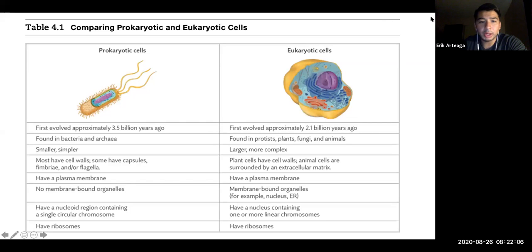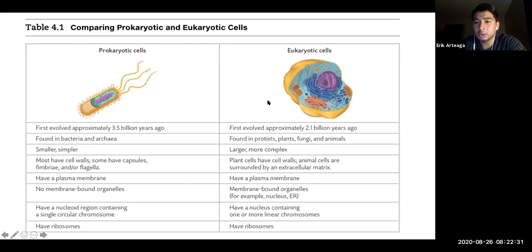So here we have the comparison between a prokaryote and eukaryote, right? First of all, prokaryotes appeared approximately 3.5 billion years ago, and the first eukaryote evolved 2.1 billion years ago. So prokaryotic cells have over a billion years of extra time here on Earth, showing that this is much more primitive than the eukaryote, right?